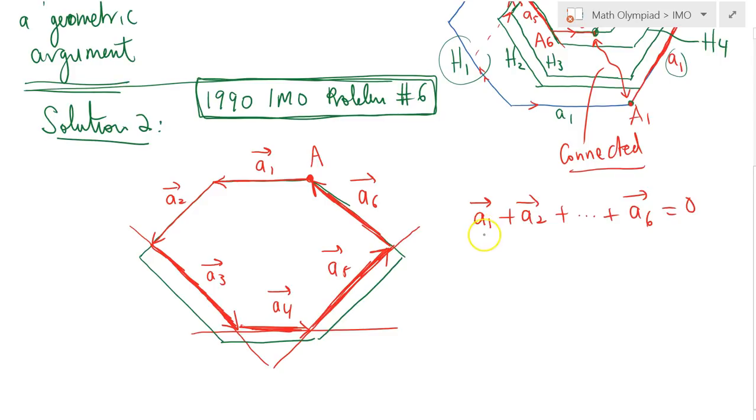But there's an easy way to carry these vectors into the complex plane and think of the complex coordinates. That's exactly what I'm going to do. And it's very easy to do in the complex plane because the polygon is equiangular.